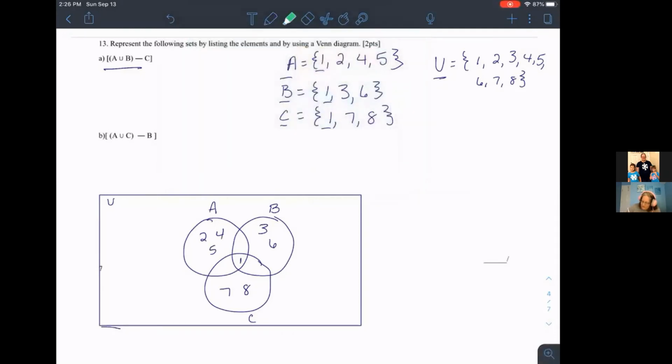Everything in A and B that's not included in C. So A union B minus C would equal 2, 3, 4, 5, and 6.